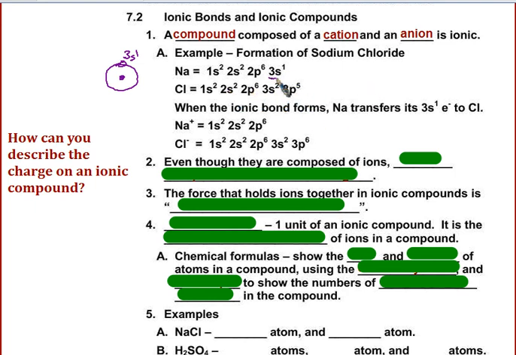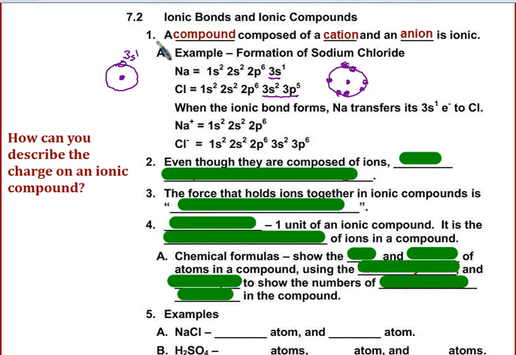And because sodium has a 3s1 and chlorine has a 3s2, 3p5, those are its valence electrons. This 3s2, 3p5 is going to have a chlorine nucleus and a valence shell of 1, 2 for the s's, and 1, 2, 3, 4, 5. And so chlorine is going to have 7 electrons around it.